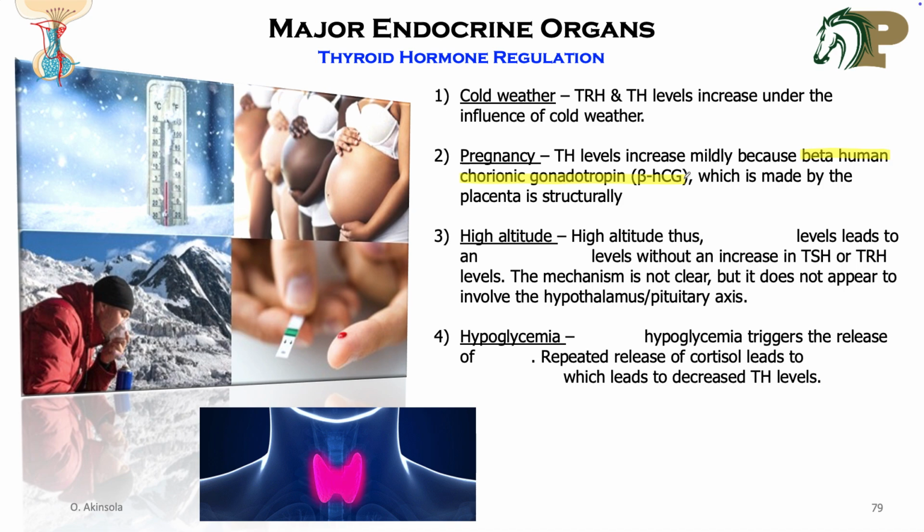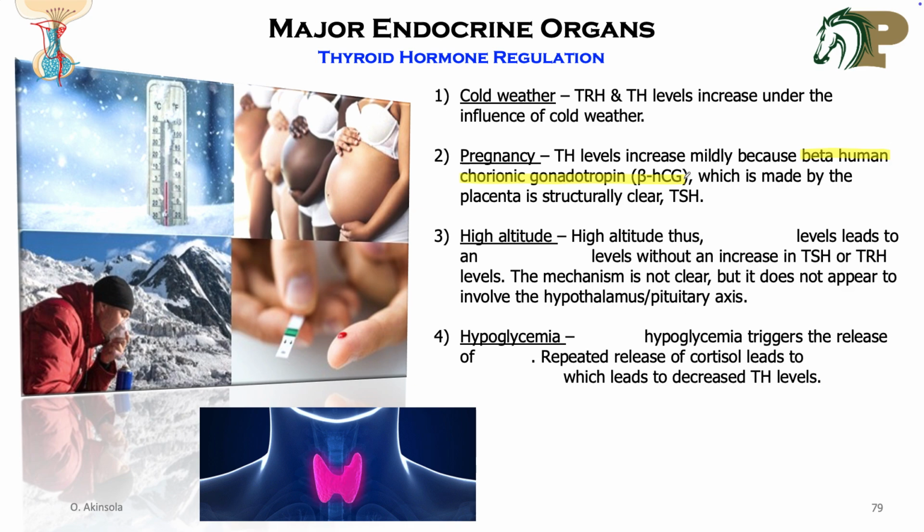Beta HCG structurally is very similar to TSH. So essentially, beta HCG will make its way to the thyroid instead of TSH and act exactly like TSH, causing the thyroid to release more thyroid hormone. That's why you have an increase in thyroid hormone levels in pregnancy.